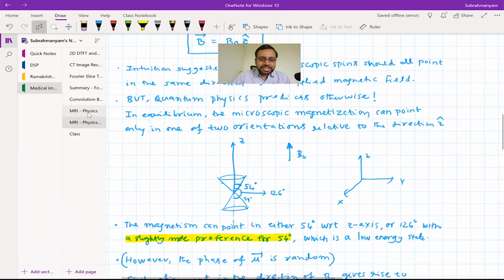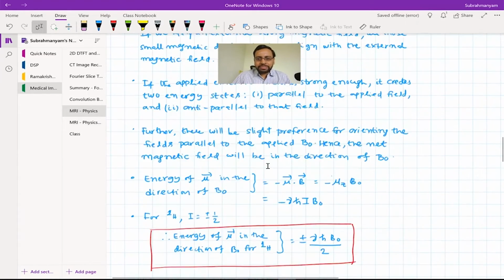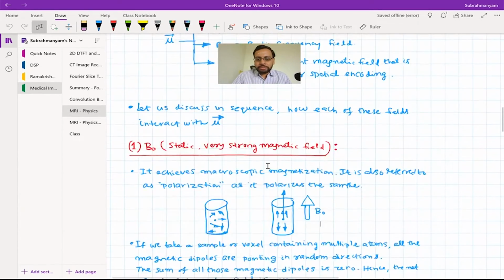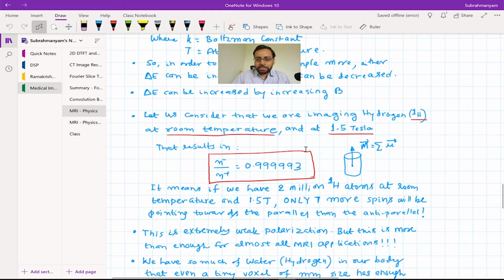We discussed in the previous class, where we worked out that suppose you have a field of 1.5 Tesla that you are applying, and assume that you are looking at 2 million. Out of 2 million, 1 million plus 7 would be in the parallel state, and 1 million minus 7 would be in the anti-parallel state.